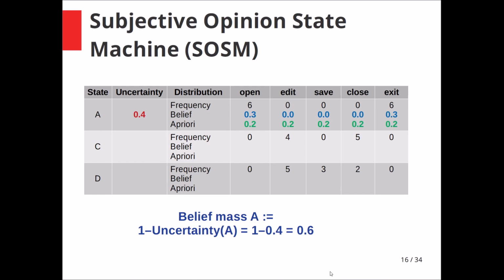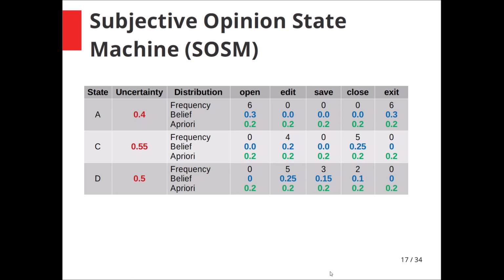Finally, we can perform the same computations for the states C and D. Note that we omitted state B because it has no outgoing transitions and is irrelevant in our consideration.